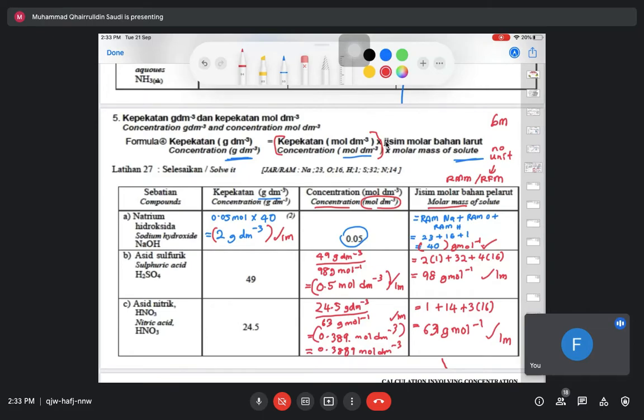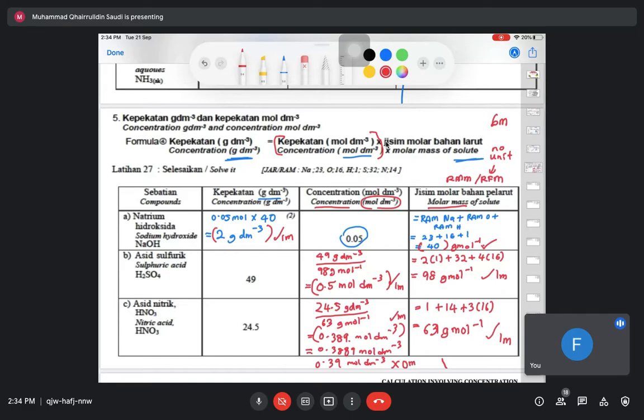Okay, if let's say awak punya jawapan 0.39, awak letak 0.39 mole per dm cube. To make yourself remember, untuk buat awak lebih ingat, don't give marks for your answer. Contohnya, if you write 0.39 mole per dm cube, then you won't get the mark. So that you will remember.